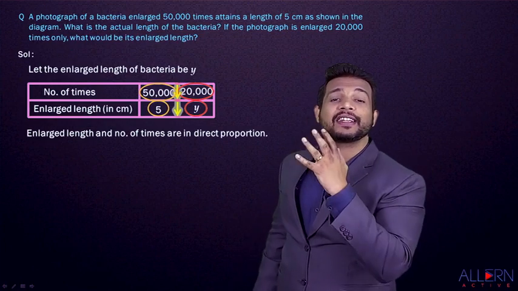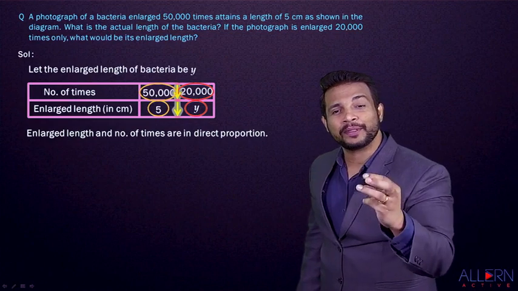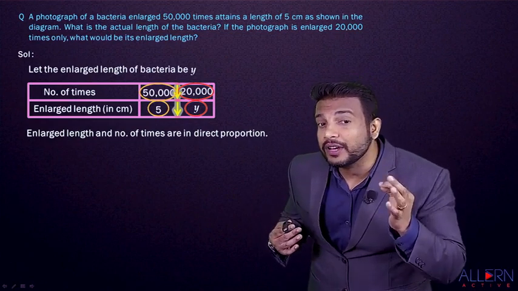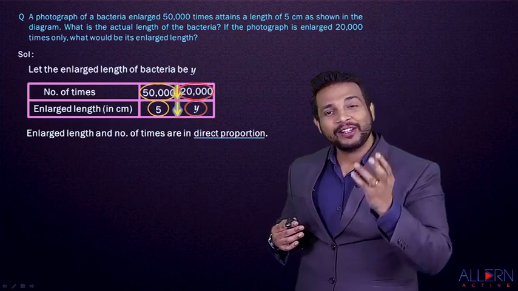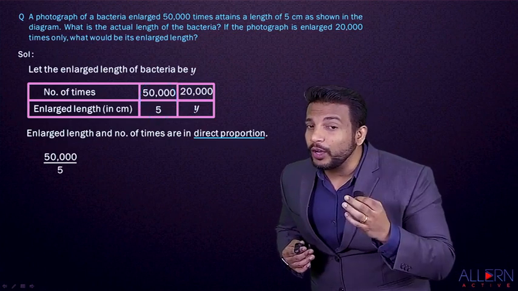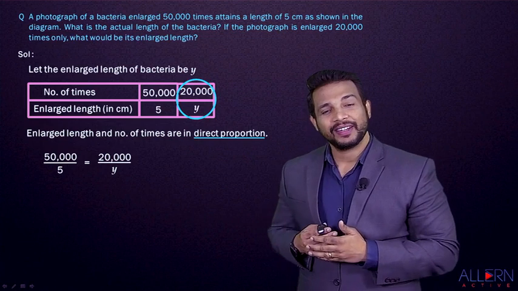That means this is an example of direct proportion. So we write there, enlarged length and number of times are in direct proportion. So if they are in direct proportion, direct D means division. So division is equal, right? So that means we can write 50,000 upon 5 is equal to 20,000 upon y. That is what we write here, right?